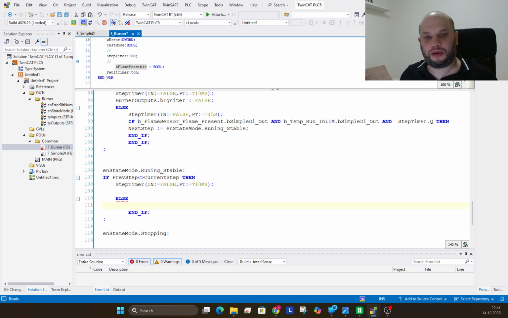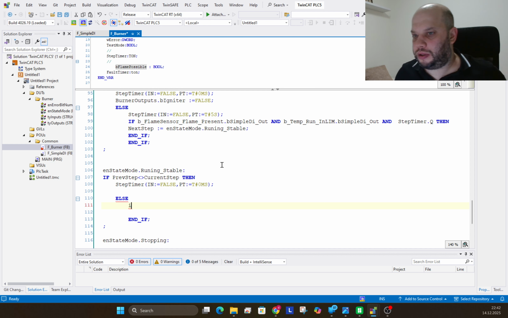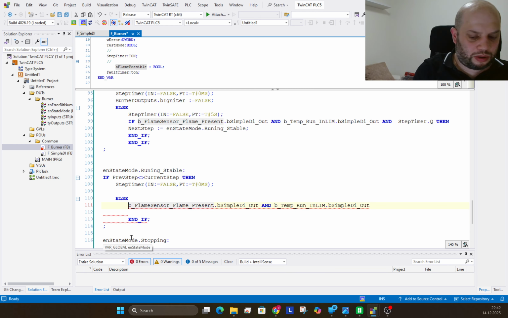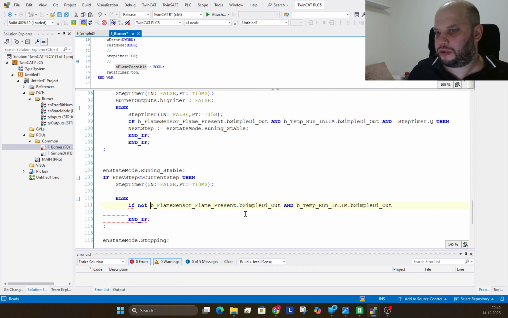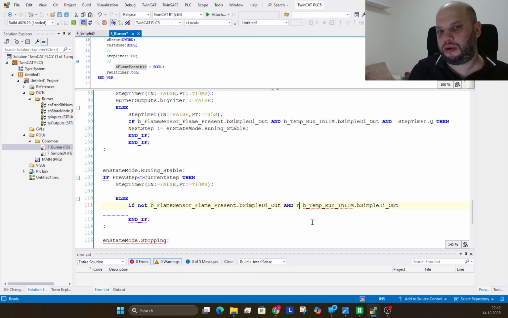Ah, and the button. So if there is no flame and no temperature, I mean the temperature sensor for flame detection.